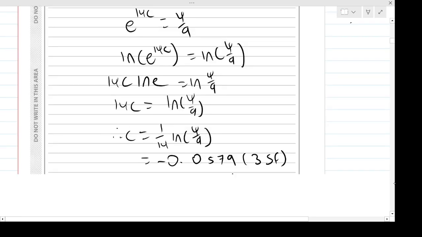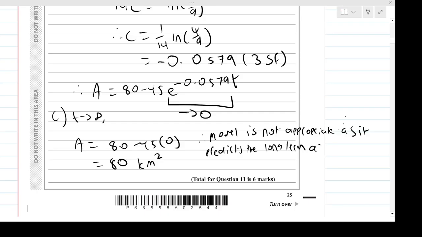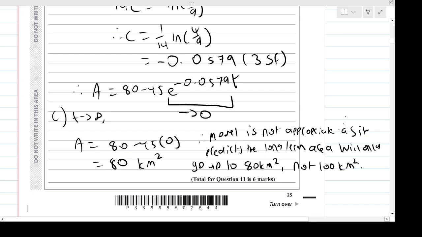Okay, it's not appropriate as it predicts the long-term area will only go up to 80 kilometers, not 100. Okay, and there we are.